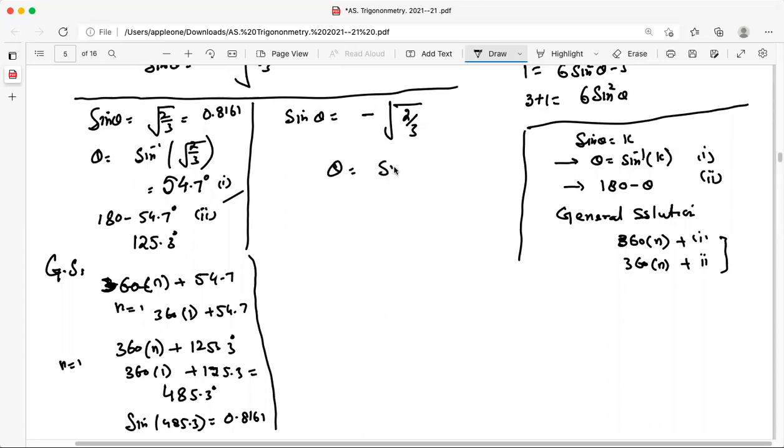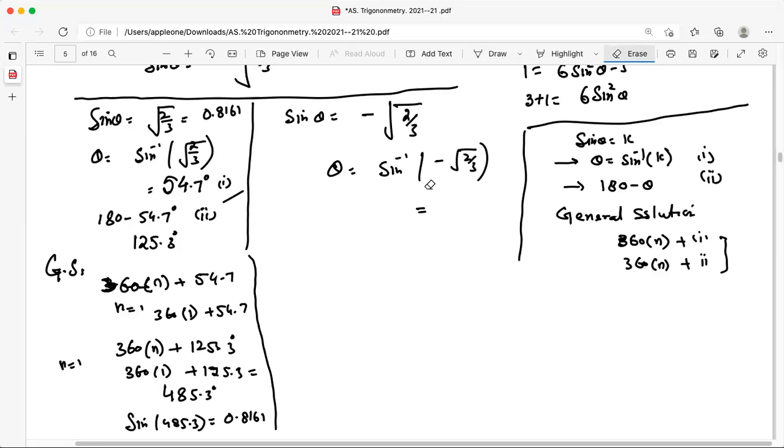Now come here. Theta is sine inverse of minus 2/3. This will give me minus 54, of course minus 54, no, sorry, not 54.